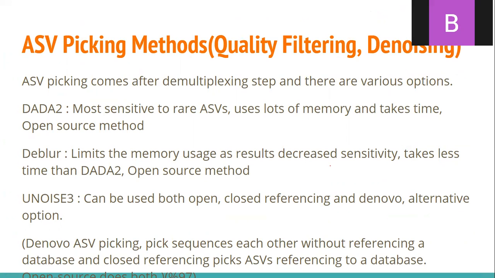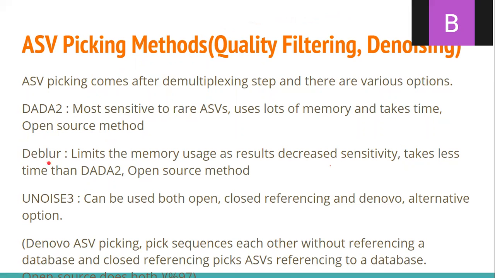The alternatives have more than three options, including UNOISE3. DADA2 is the method we used. It is the most sensitive method for detection of rare amplicon sequence variants. It uses lots of memory and time, but it is actually good for use.